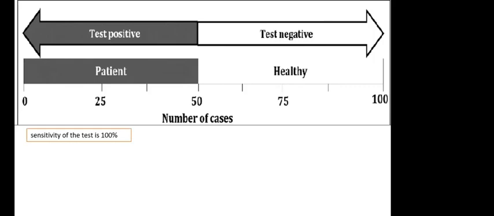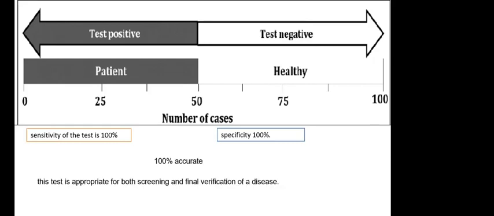The test is 100% sensitive and also 100% specific. So the test is 100% accurate in diagnosing the disease. So a test with this feature is appropriate for both screening and final verification of the disease.